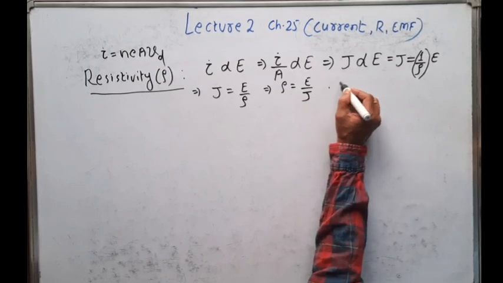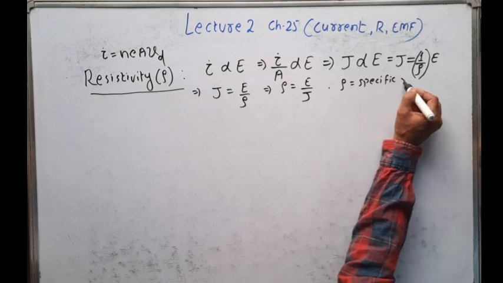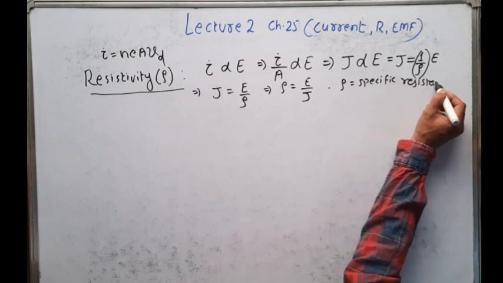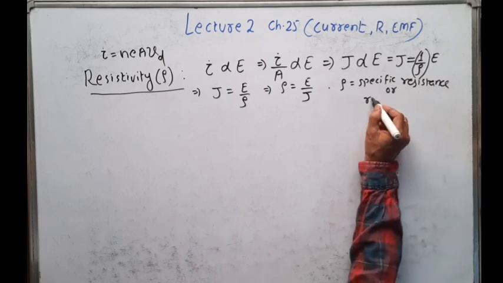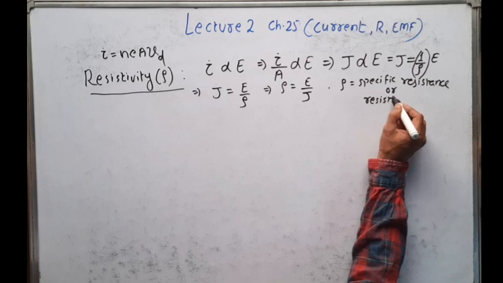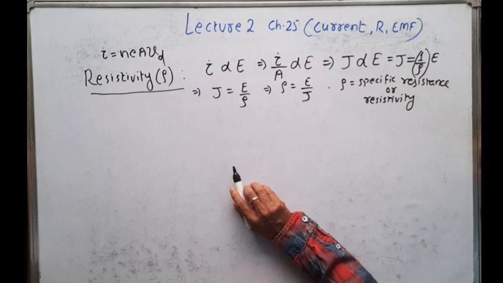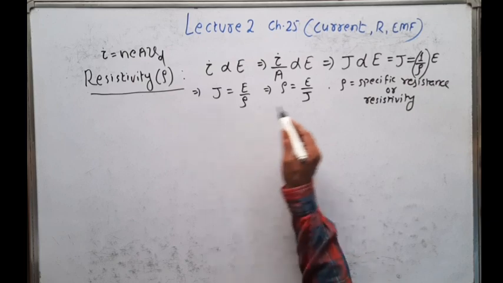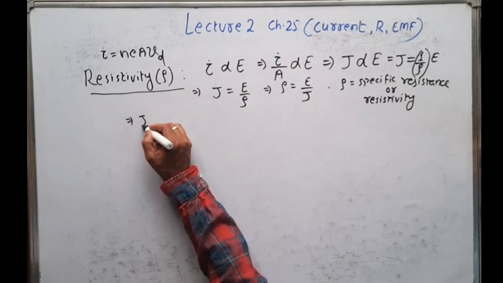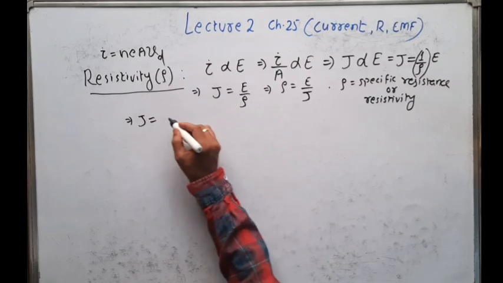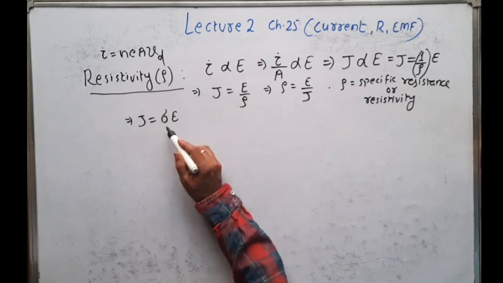So this rho is called specific resistance of a material, of a conductor, or it is called resistivity. This is called rho. Okay, so from this formula, J is equal to 1 by rho into E. So 1 by rho is also called sigma.